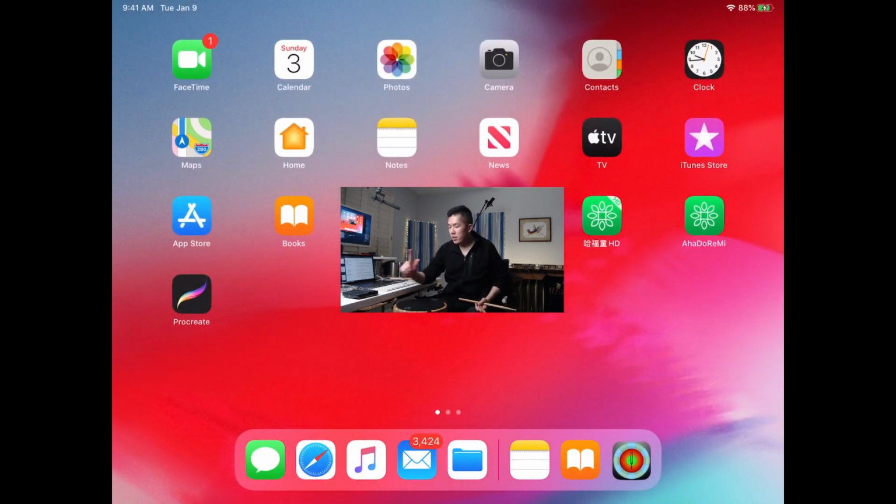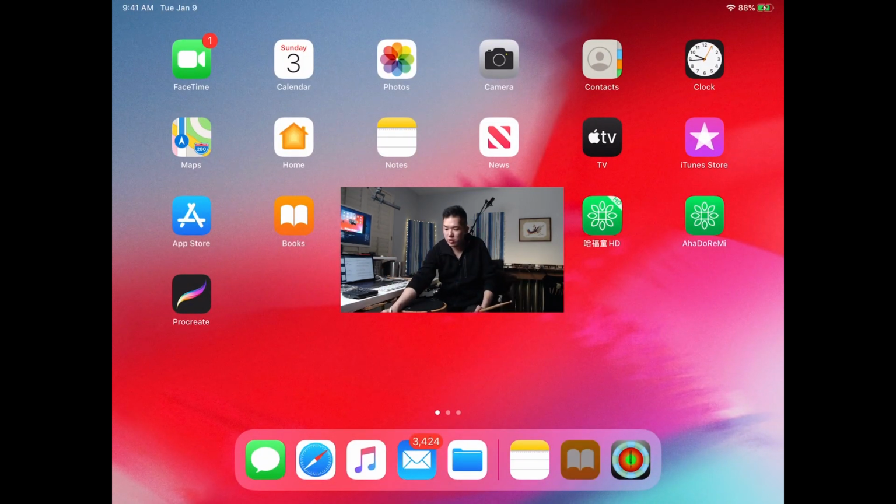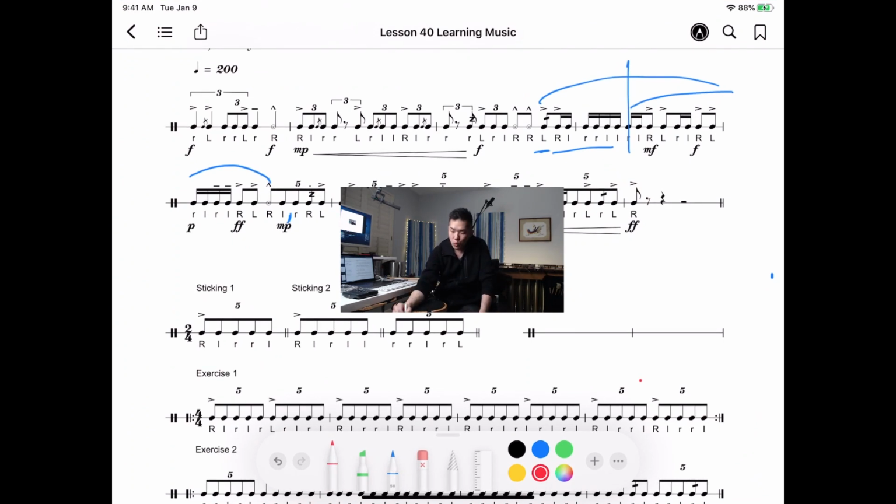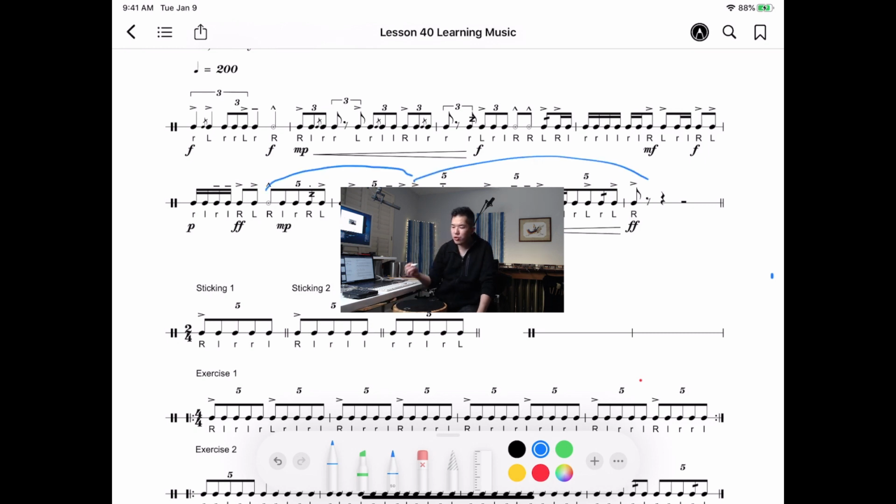Okay, let me model some of the things I'm actually talking about here, which is one of the things I'm noticing. Let me get rid of all this stuff. Even though it's a string of fives, what I see is a phrase here, and then a longer phrase here. So it's actually two phrases.